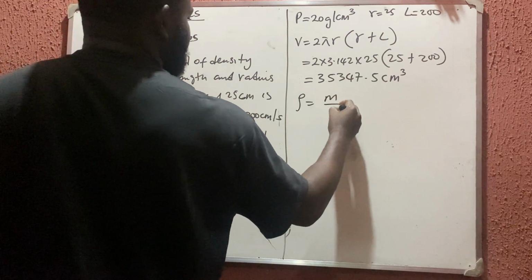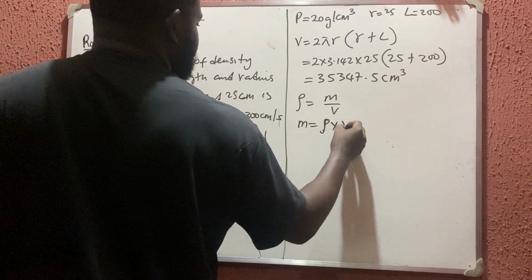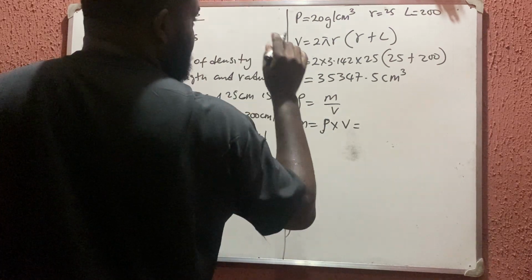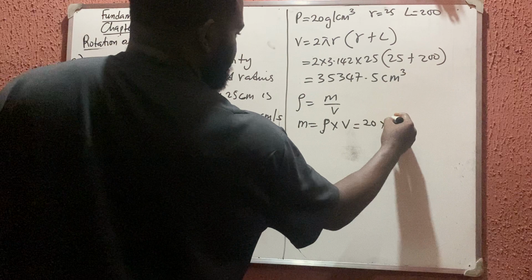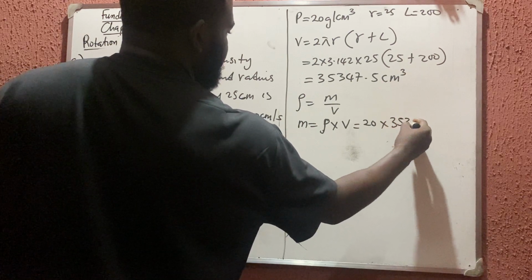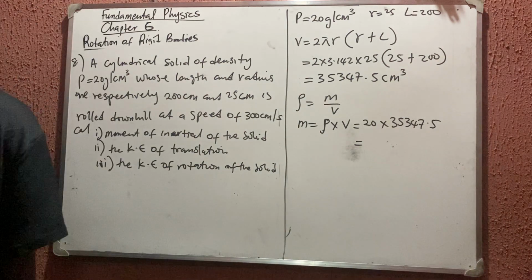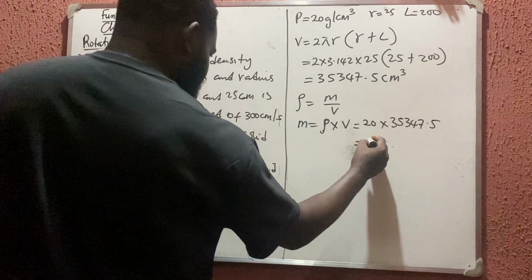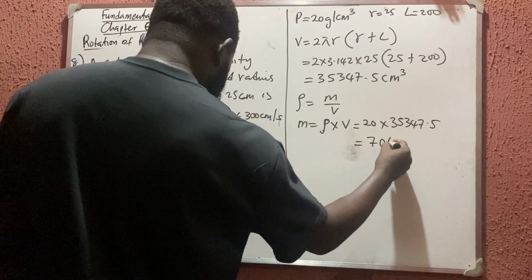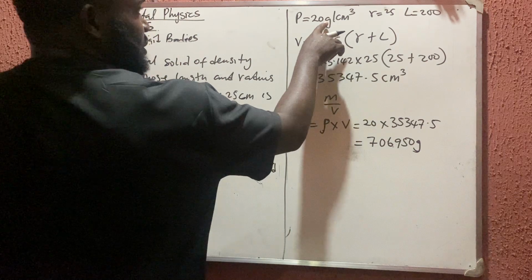Now for us to get the mass, we know that density is equal to mass over volume. So to get the mass is density times volume. The density they gave me is 20 times the volume, 35347.5. So the mass there is 706,950 in gram. Why is it gram? Because the density is in gram.